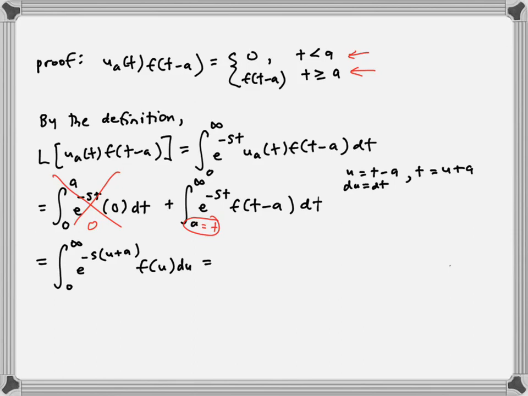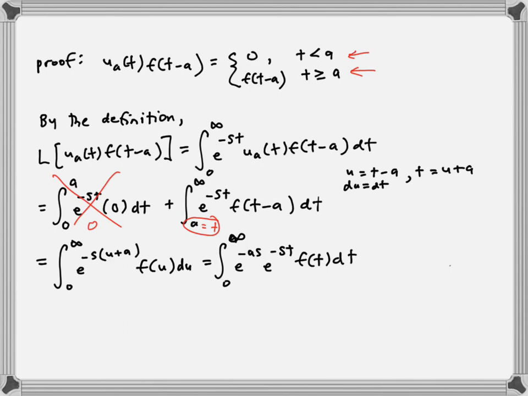So what is this equal to? Well, I can break this up as follows, okay? I can write this as e to the negative as times e to the negative st f of t dt. There are two things I did here. One is I used the rule of exponents to split up this e term, but then I replaced my u's with t's.